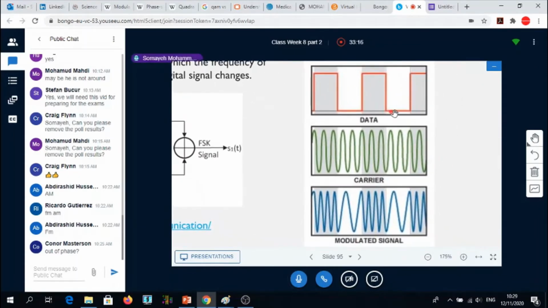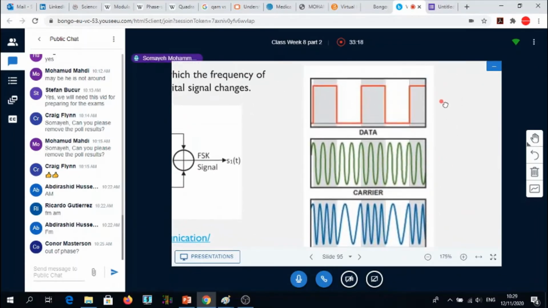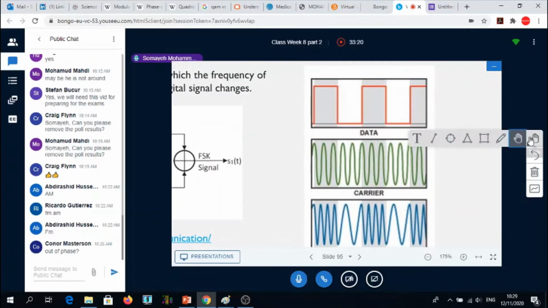okay, so we have this data. If I use my annotation tools, it is changing from 1 to 0, or it can be from 1 to -1. Again, we have a high value or 1, and then we have 0 here.